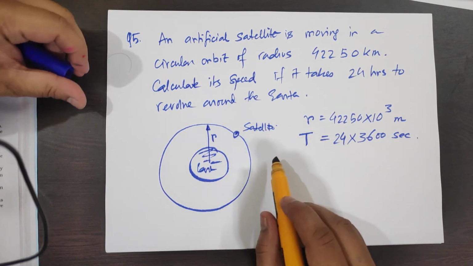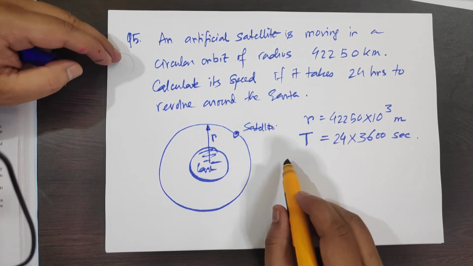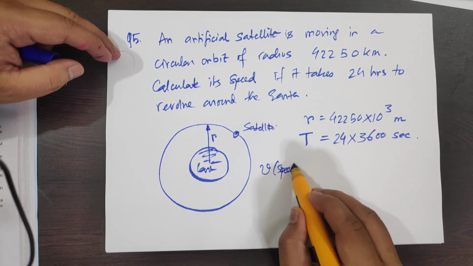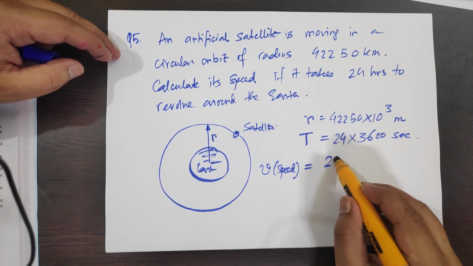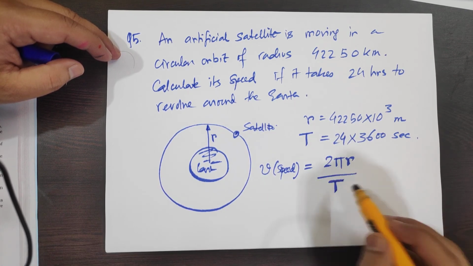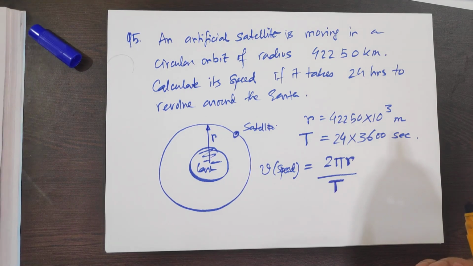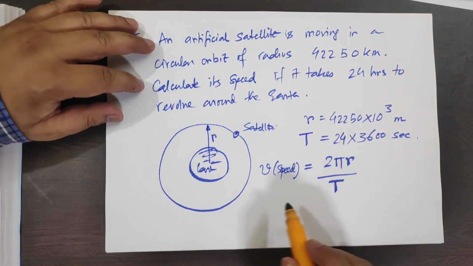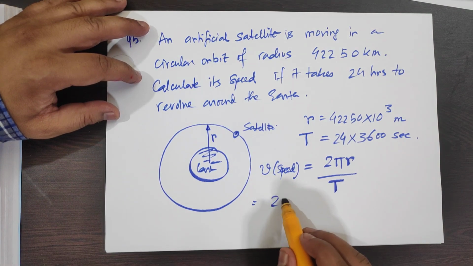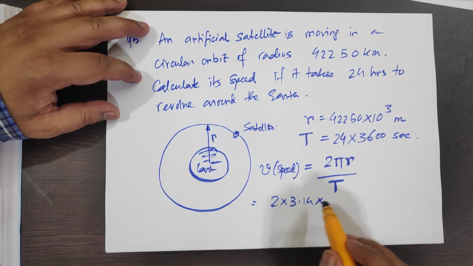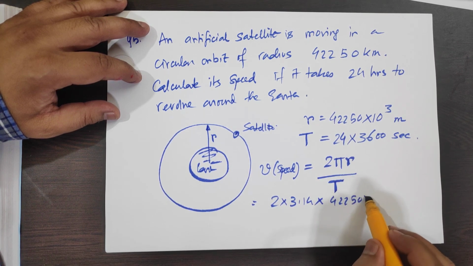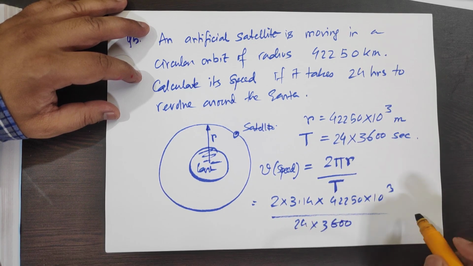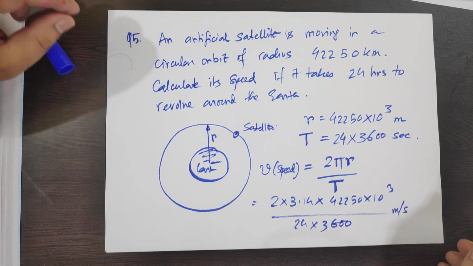Speed is distance by time, so speed is 2 pi r divided by t. You can calculate this as 2 into pi, 3.14, into 42250 into 10 to the power 3 divided by 24 into 3600 meter per second. That's a good calculation practice.